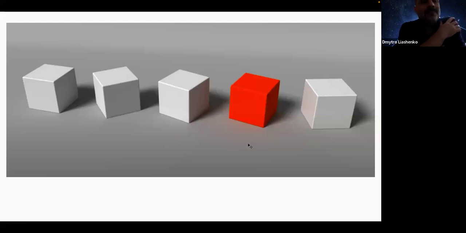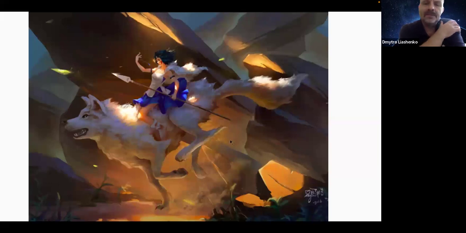One of the ways of representing the importance of an object is color. In this example, you can see the blue color.